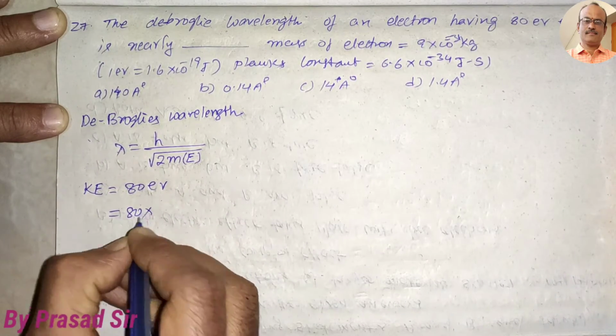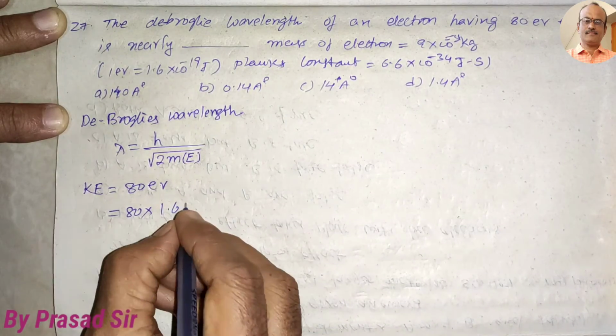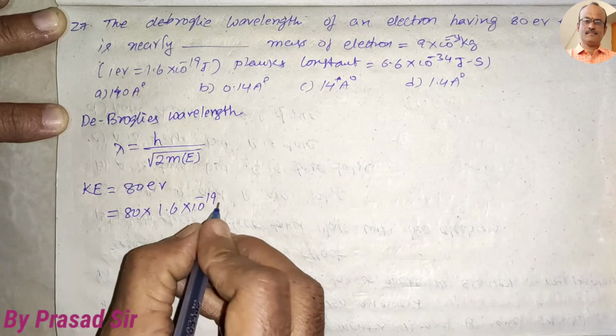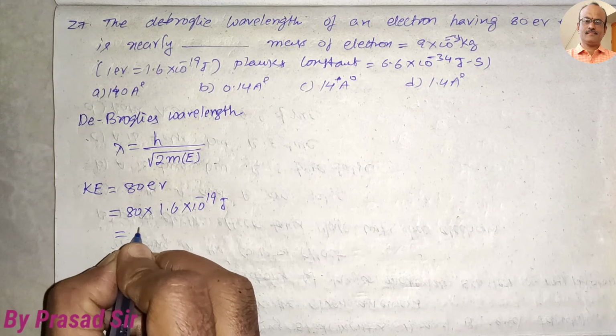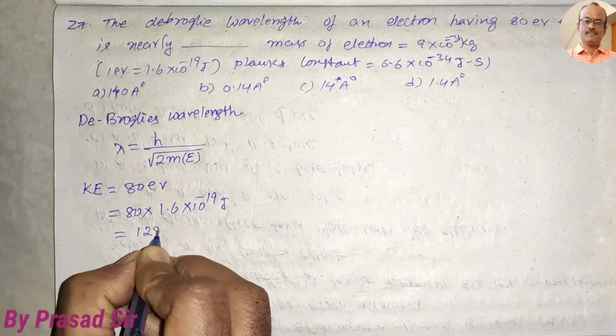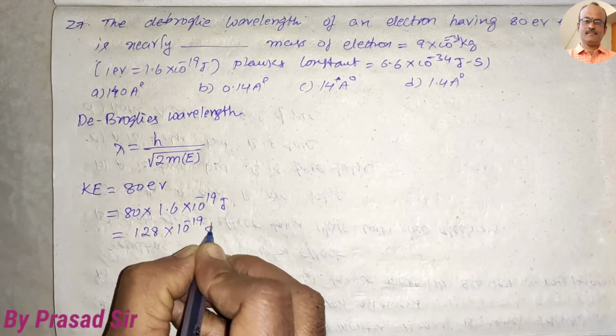But what does electron volt mean? 1.6 into 10 to the power of minus 19 joules. On multiplication of these two, how much do we get? 80 into 1.6 is 128, so 128 into 10 to the power of minus 19 joules.